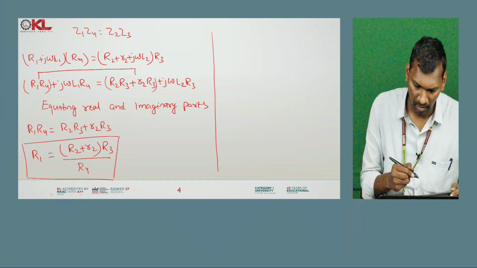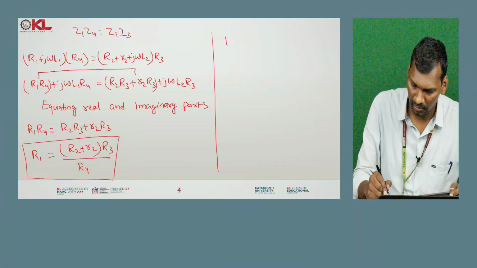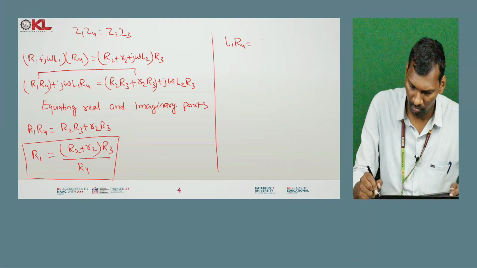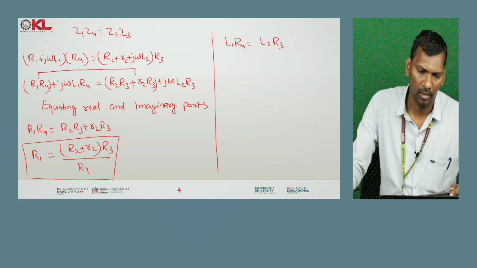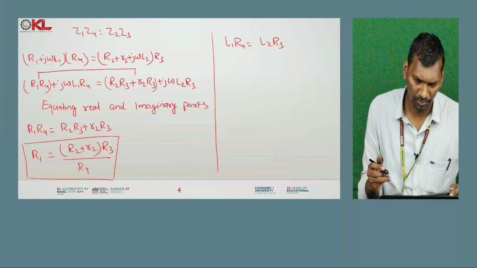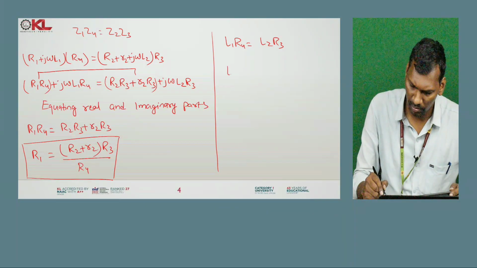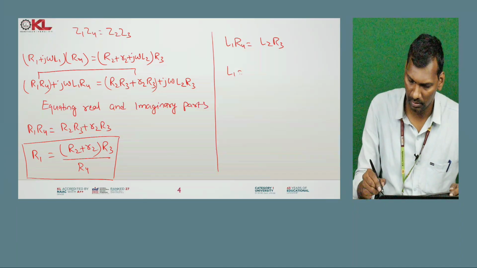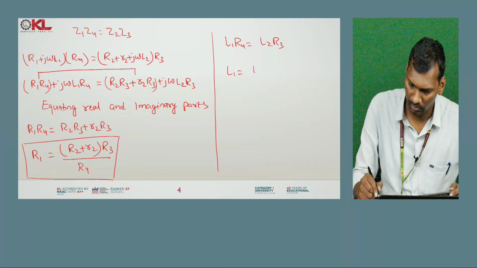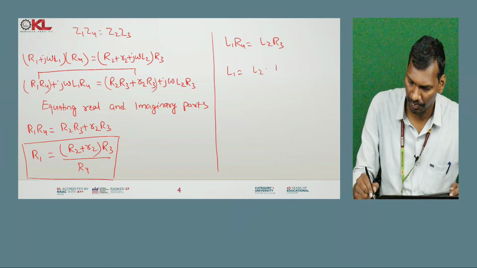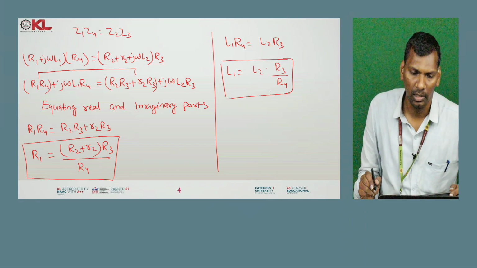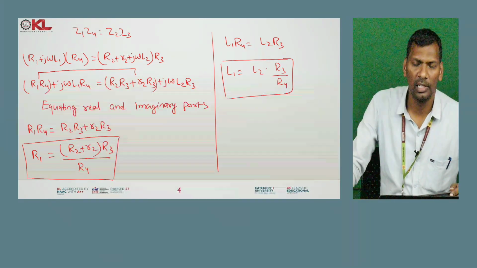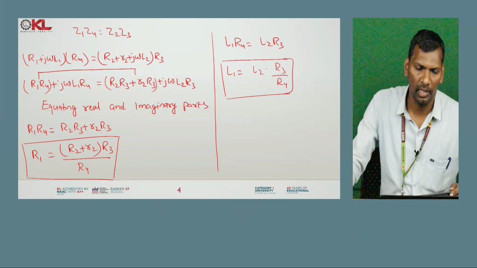Similarly, now equate the imaginary parts. L1 R4 is equal to L2 R3. Now L1, the unknown inductance, is equal to L2 into R3 by R4. These are the unknown values. Thus, the unknown inductance and resistance may be calculated.